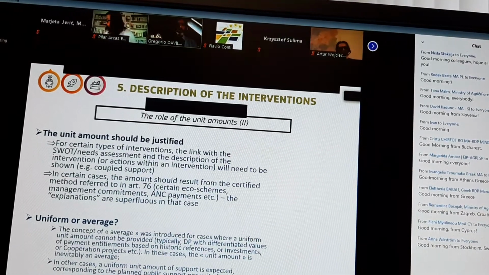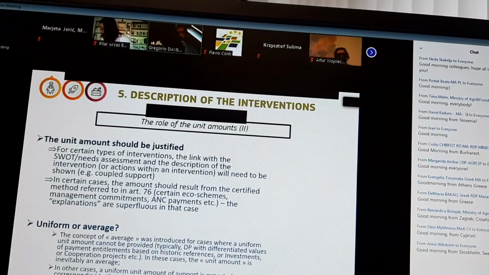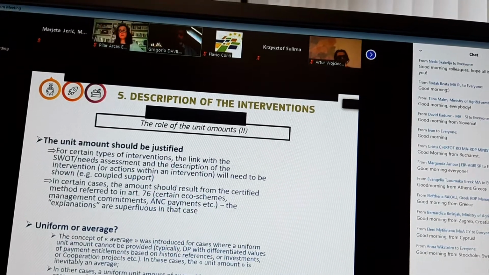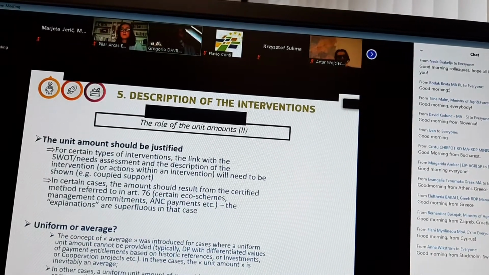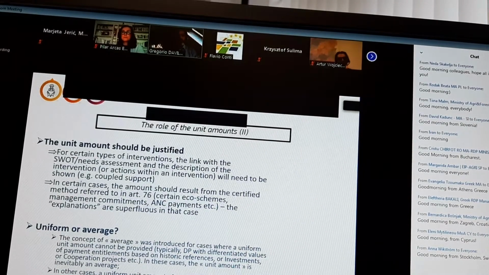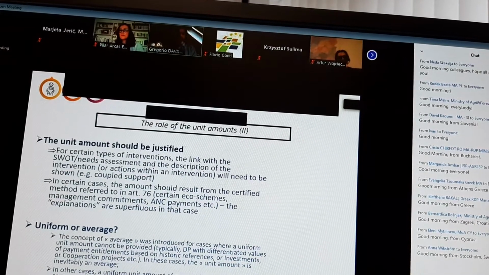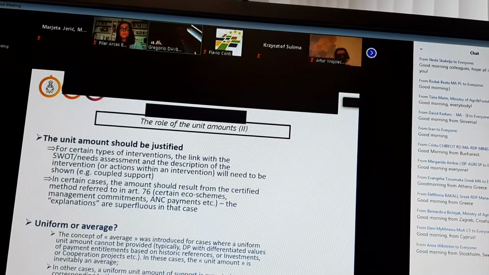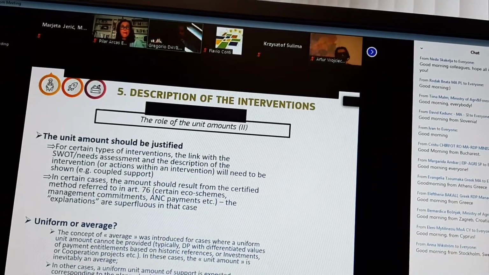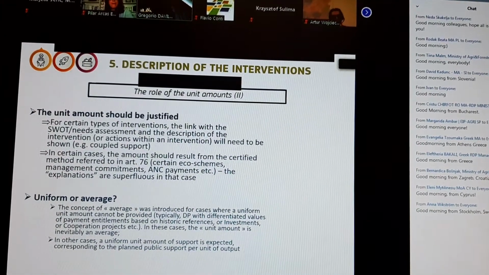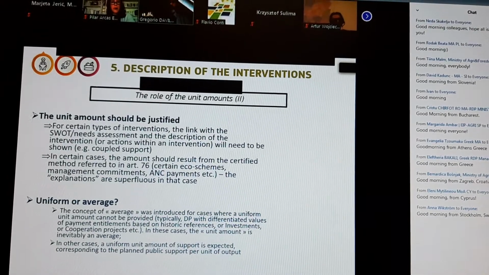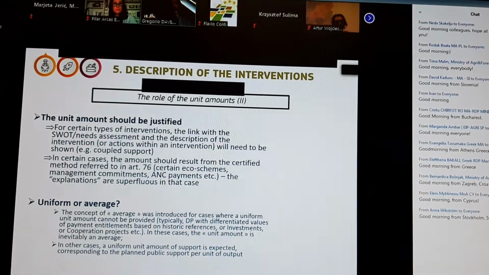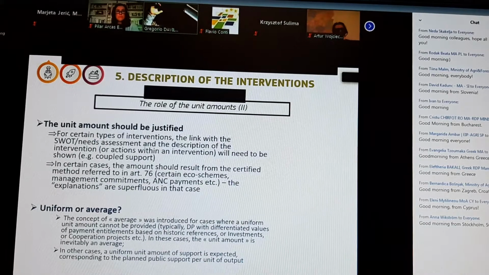But we also understand that this is not always the case, that there are some interventions where it's very difficult to estimate the exact uniform unit amount. So for that reason, as you have seen, the Council has introduced certain flexibility. So now there is this possibility to use an average unit amount and this possibility to use a maximum average unit amount.